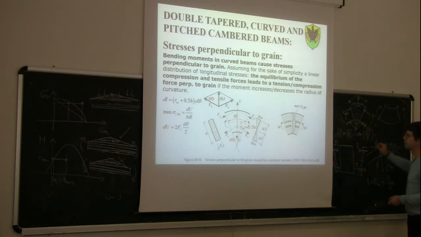Okay? Now, since the angle is very small, sin of d theta divided by 2 is basically equal to d theta divided by 2. So the sin can be confused with the angle itself, because the angle is very small. And so we get this expression here.